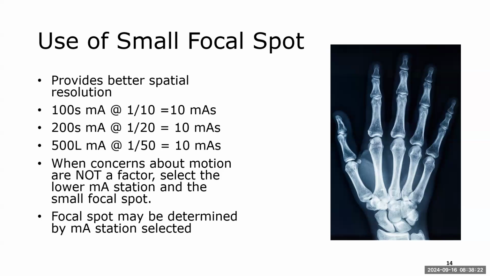We would want a lower mA to where that focal spot can tolerate the heat that's going to come off of the filament. So when concerns about motion are not a factor and you need a lower mA station, it's because focal spot also affects your spatial resolution.